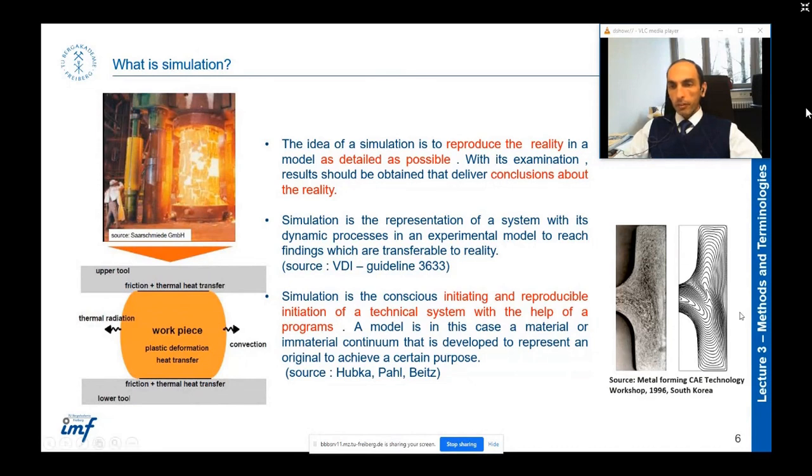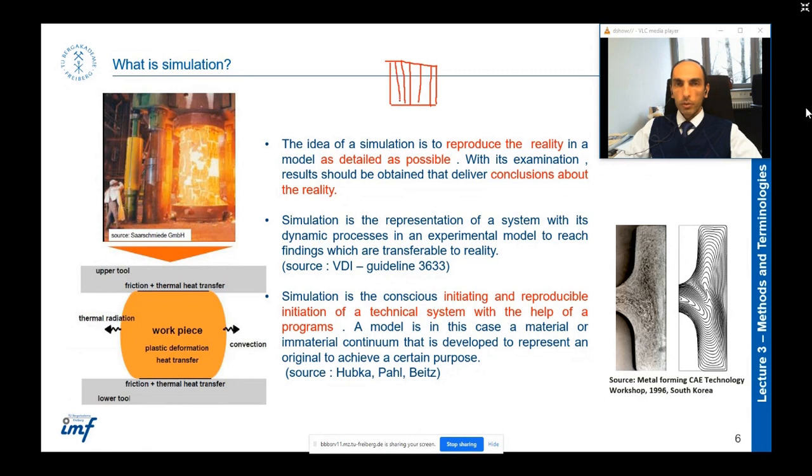The metal flow line shows how the material is flowing during the deformation. So, for example, if you have an upsetting sample like this, you can make some metal flow lines in this way.